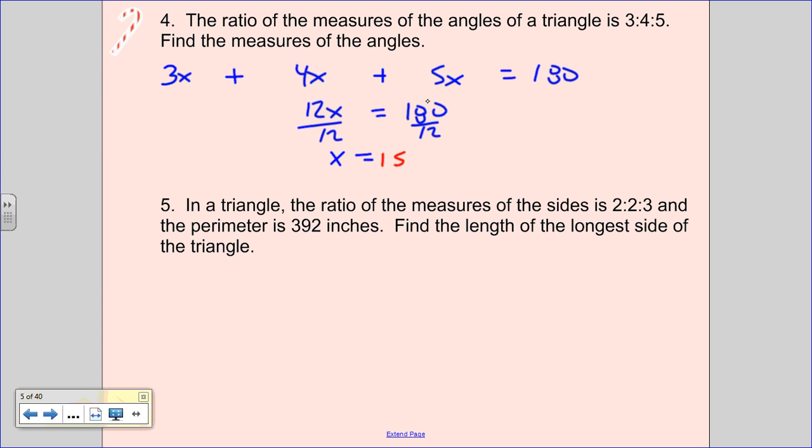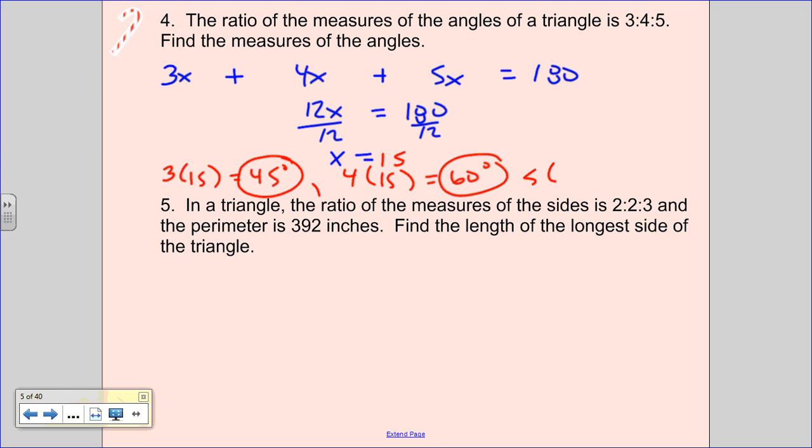So now that I know x is 15, 3 times 15 is one of the angles, which is 45 degrees. 4 times 15 is the other angle, which is 60 degrees. And then 5 times 15 is 75 degrees, which is the remaining angle.